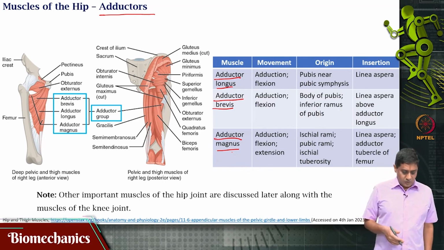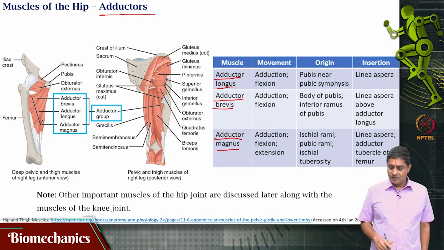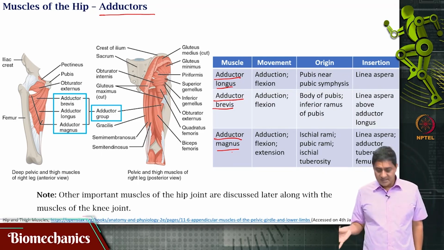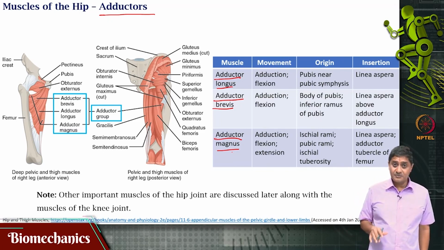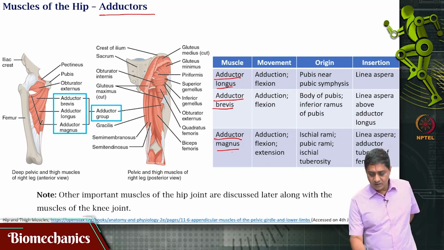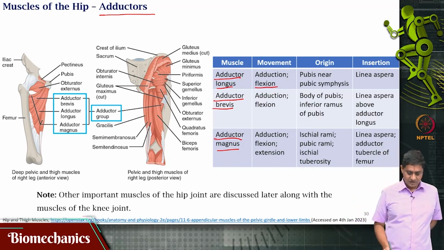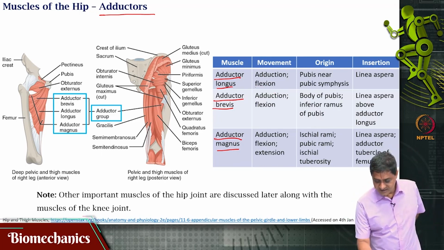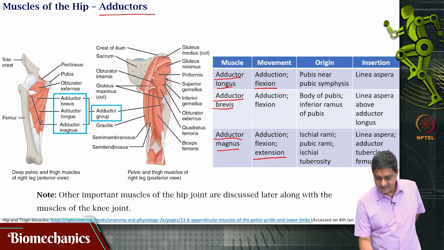The other role is also lateral rotation. Depending on the placement of the foot, it can also do lateral rotation. The adductor longus flexes the thigh, whereas the adductor magnus extends it.